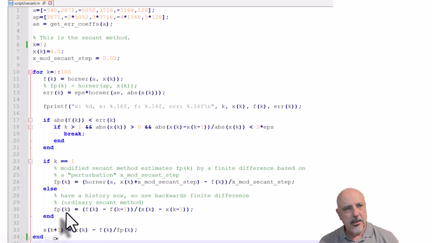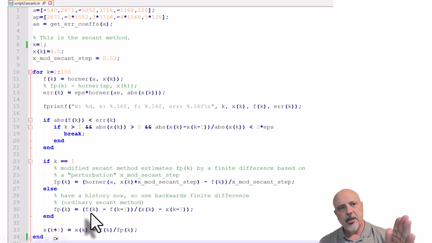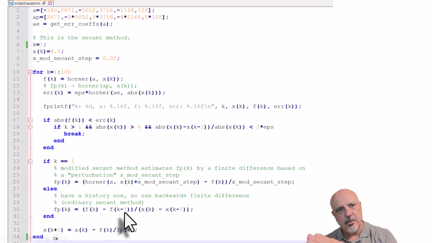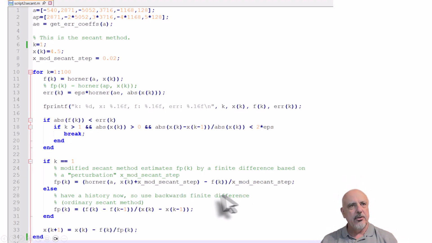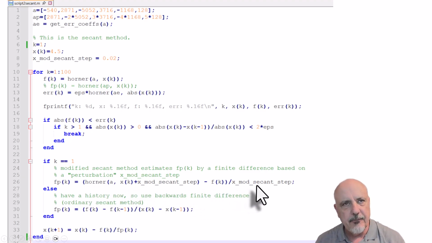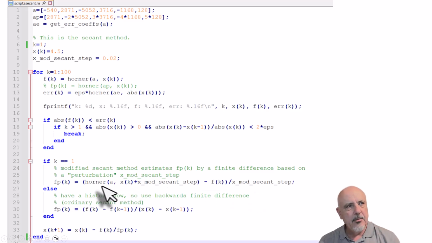You're going to get the current derivative value as the current polynomial value minus the previous one, divided by the difference in the respective x's, the current x minus the previous x. You can do this as long as k is greater than 1. When k is equal to 1, I've got to do a little manipulation in order to figure out what my derivative is going to be.